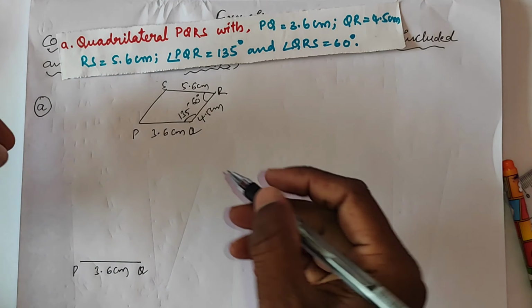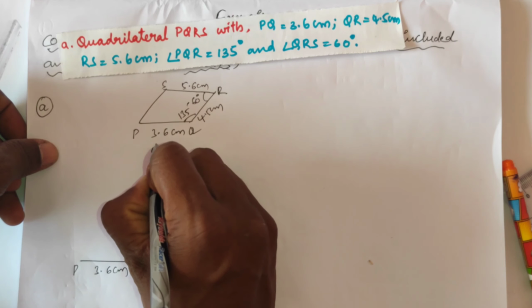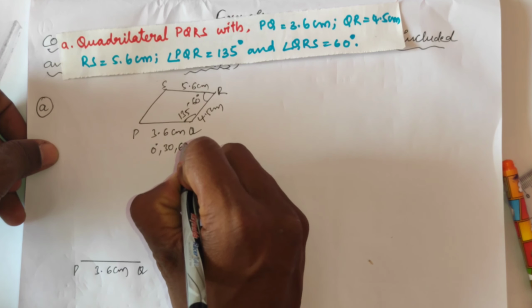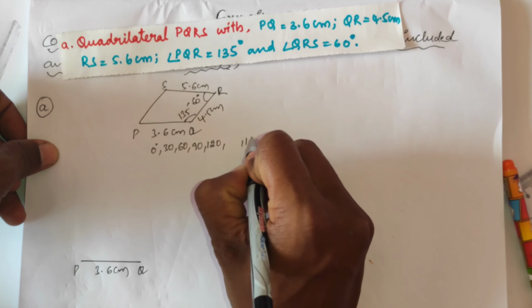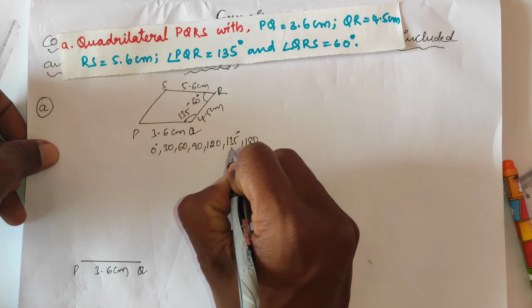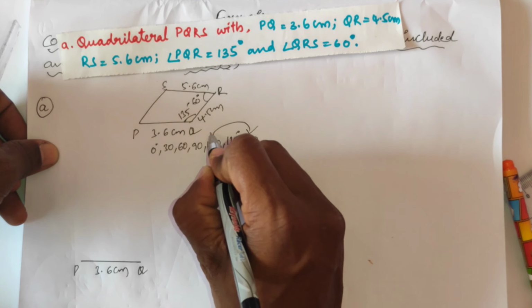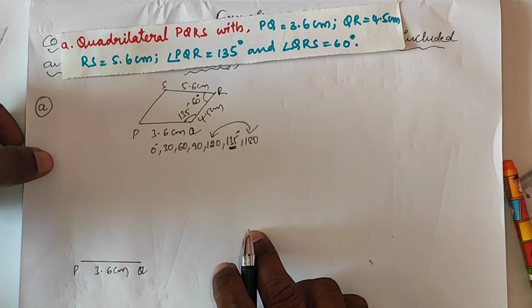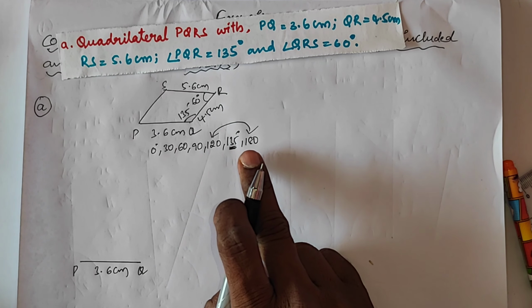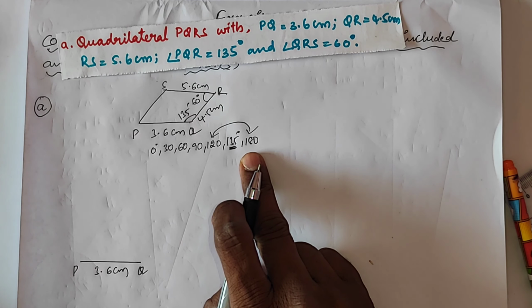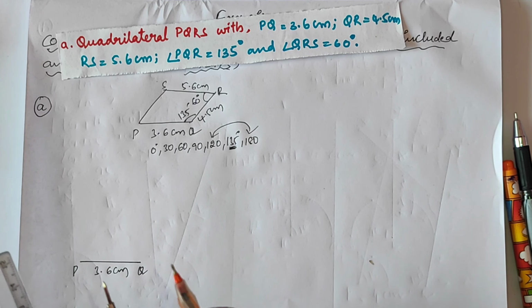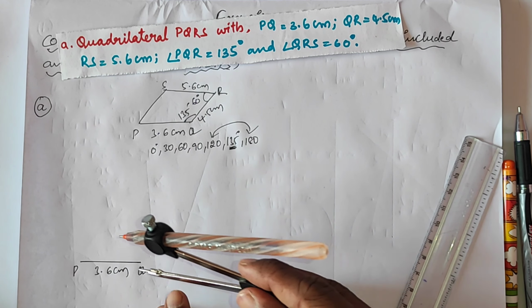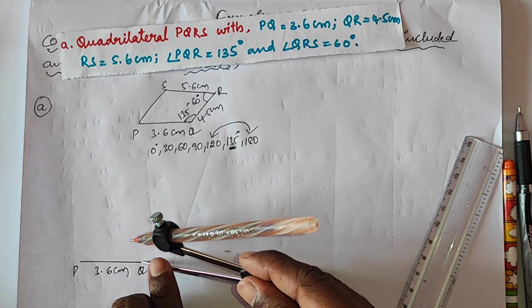So before constructing 135, once we'll discuss again 0 degrees, 30, 60, 90, 120 and here 180. Between 120 and 180, 135 will rise. Right? So first we will construct 120 and 180. Okay, then we'll construct 135. So measuring some radius, taking Q as a center, drawing an arc.